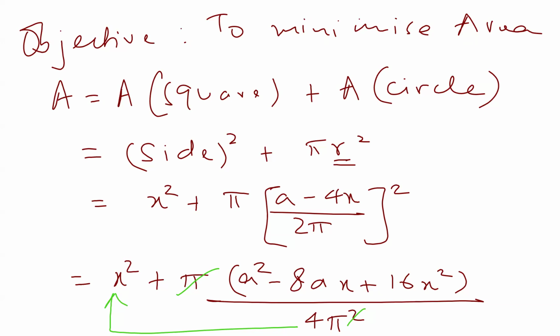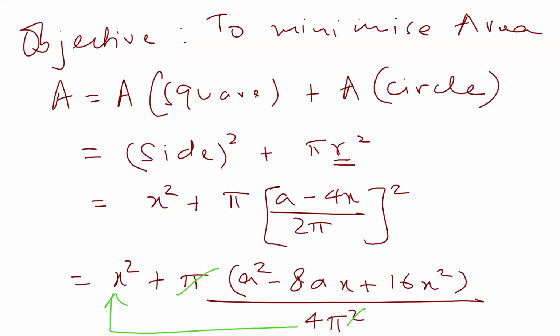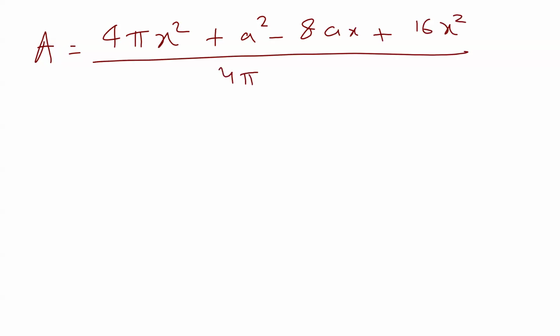So A is equal to, I'll go ahead with the LCM part. 4 pi x square plus A square minus 8Ax plus 16x square upon 4 pi. So 4 pi A is equal to, I'll take 4x square common over here.